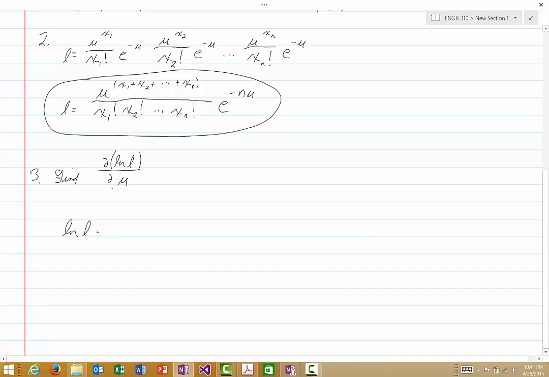So the log of L is simply equal to the log of this expression right here that's circled.